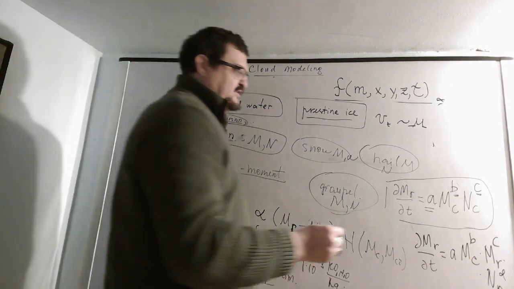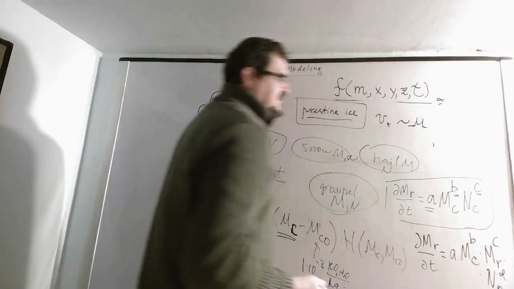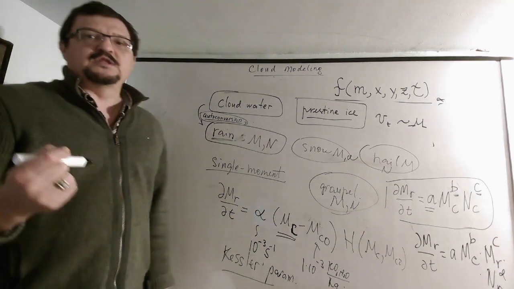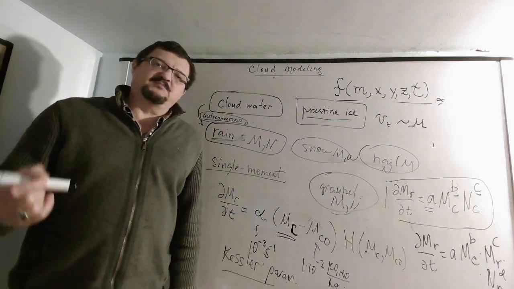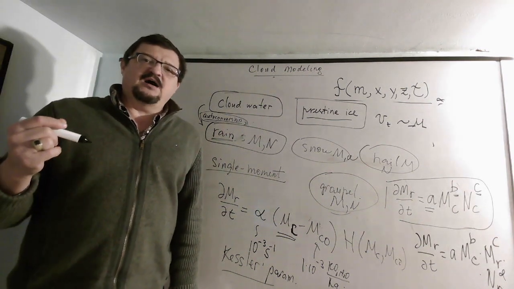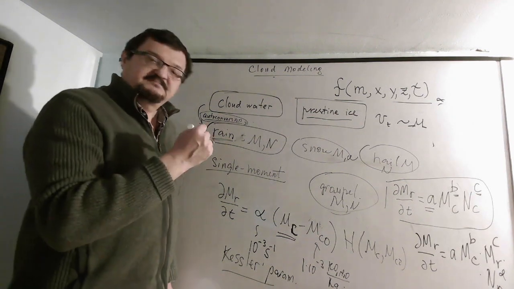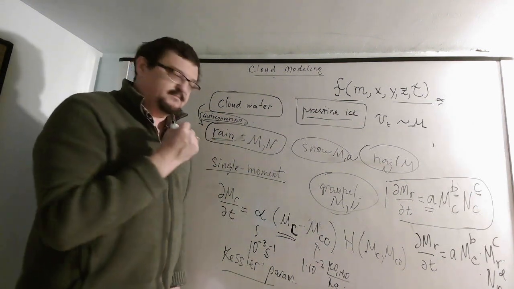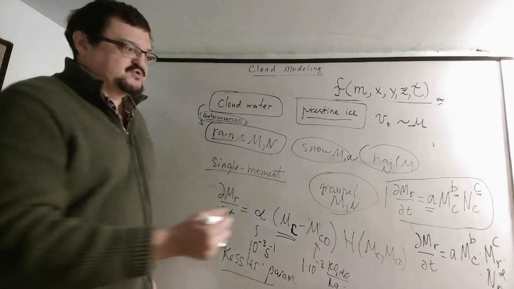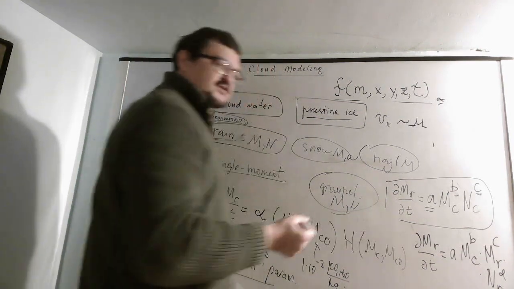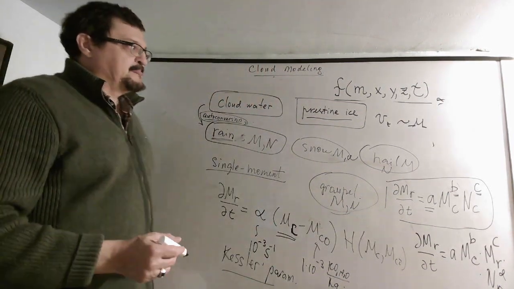But the point is that you can derive this kind of parameterization, and that's what all the differences among bulk microphysics schemes are about. People just propose various ways to compute these various processes.